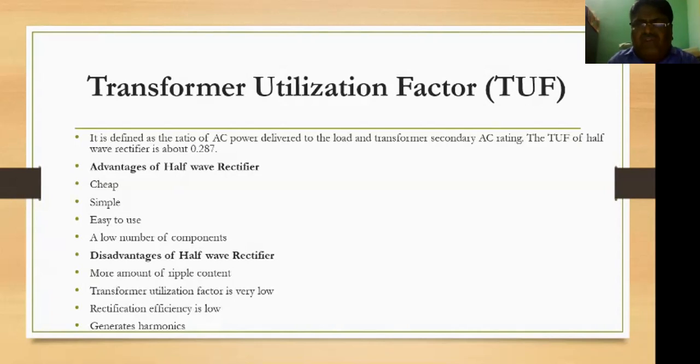The TUF of the half-wave rectifier is about 0.287. So please remember, the utilization factor of the half-wave rectifier is 0.287. This is the amount by which you are utilizing this transformer.